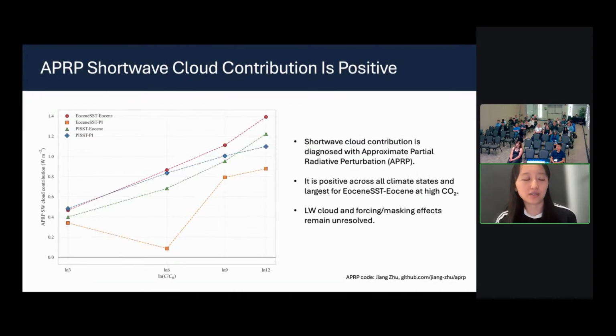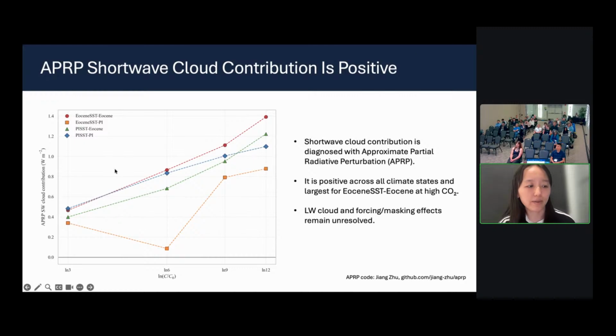We still want to know how the cloud looks. Although the kernel-based cloud adjustment is not finalized yet, we can still use the approximate partial radiative perturbation, APRP, to estimate the shortwave cloud contribution.